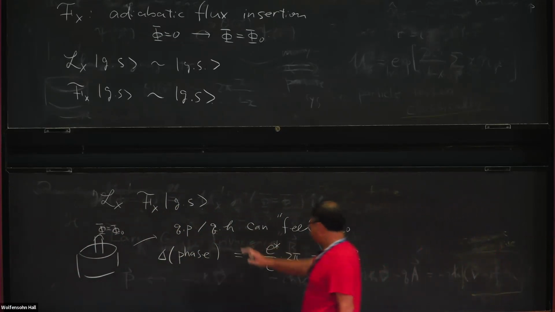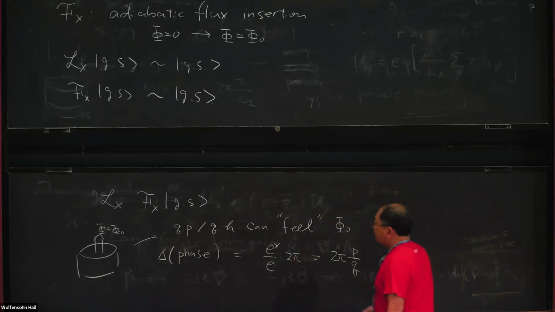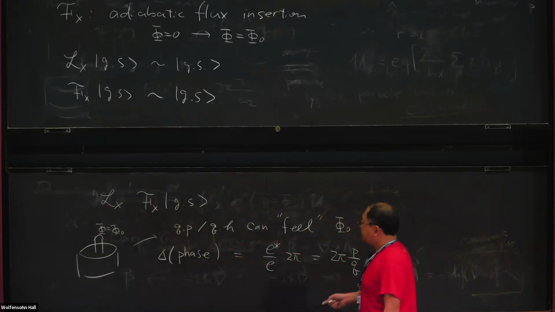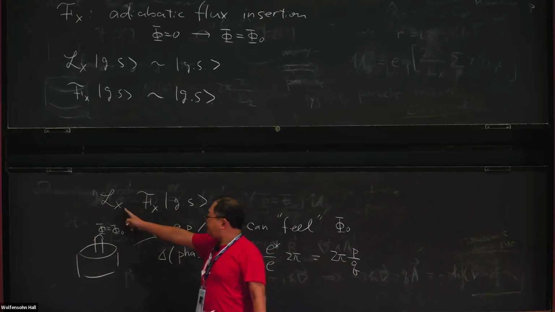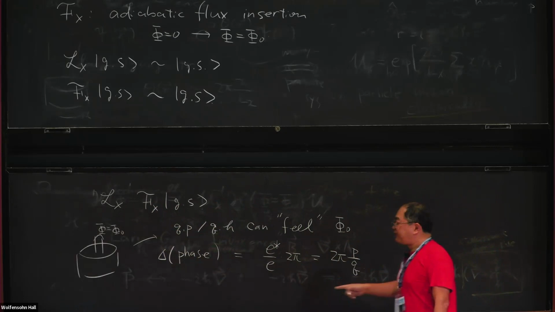But very roughly speaking, this means that Lx and Fx do not commute, because if you do this Lx after inserting the flux, you get this extra phase.